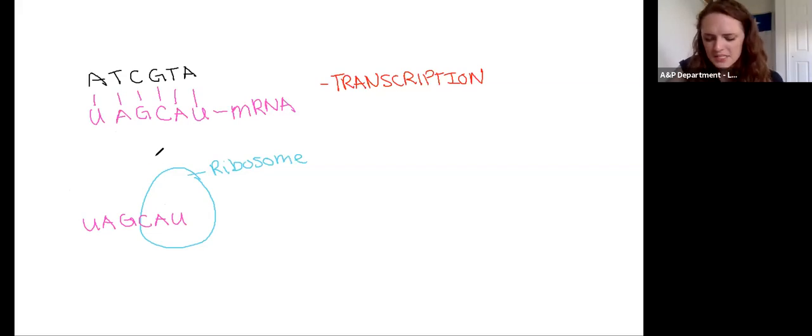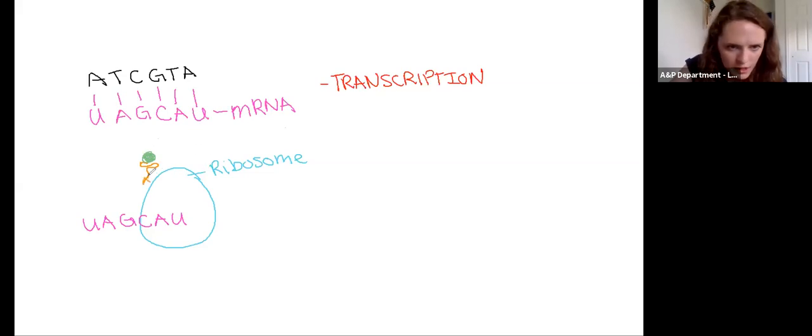Then what happens is you have what we call tRNA that comes into play. So your tRNA is kind of special. It literally looks like a T, and it has on top of it an amino acid. Okay, so this tRNA is going to be an A tRNA.